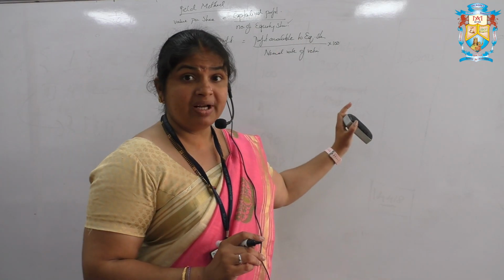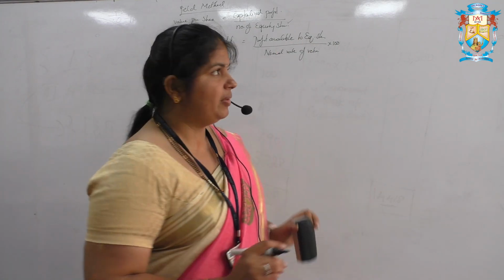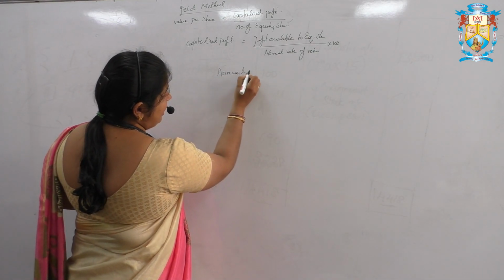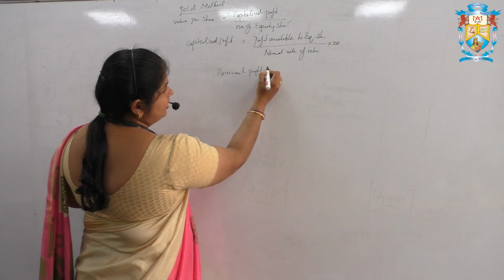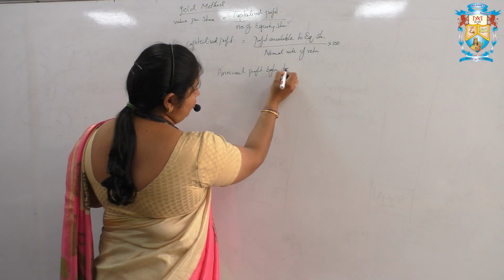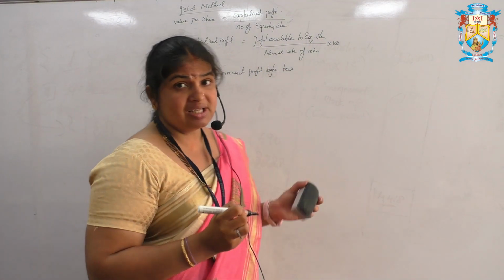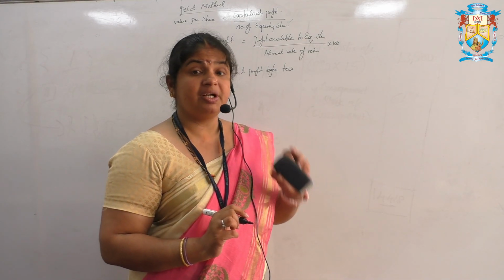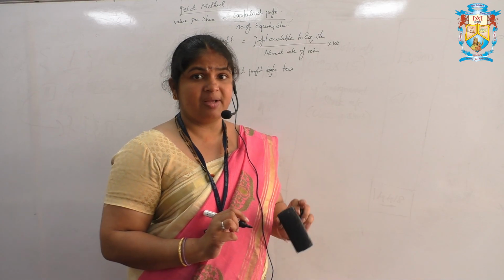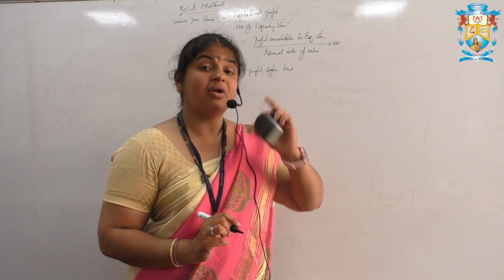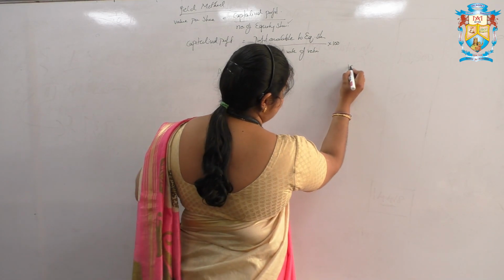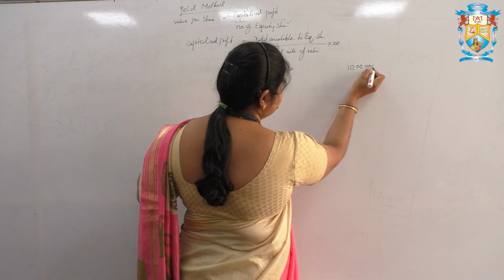To find the numerator, you have to follow the format. First is annual profit. If it is before tax, it is before tax. If it is after tax, then it is after tax. Just look into the problem. What is the profit given? Expected profit and annual profit are one and the same. It is before tax that is given, that is 10 lakh rupees. Just write 10 lakh rupees.